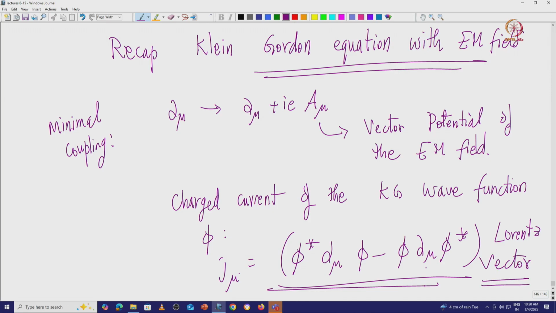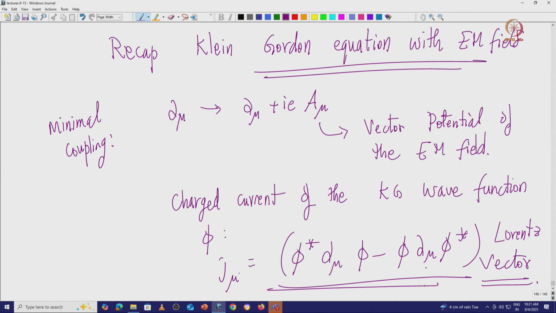So the question is, what kind of currents does the Dirac wave function allow you, which transform differently under the Lorentz symmetry.